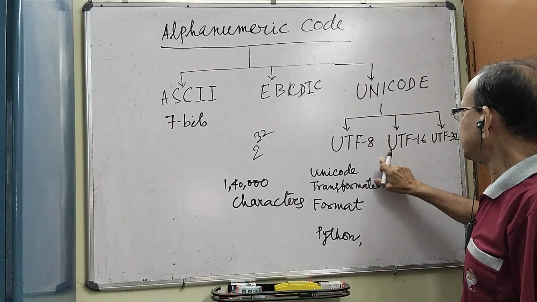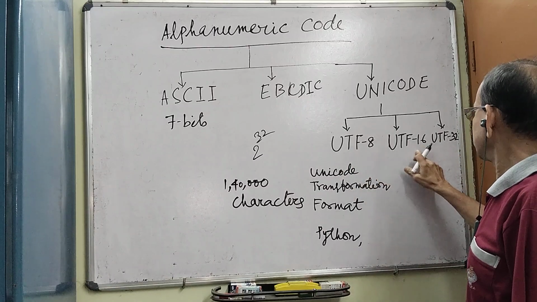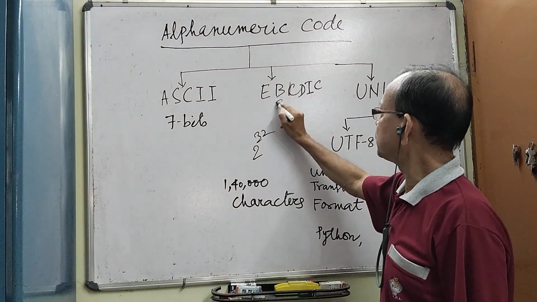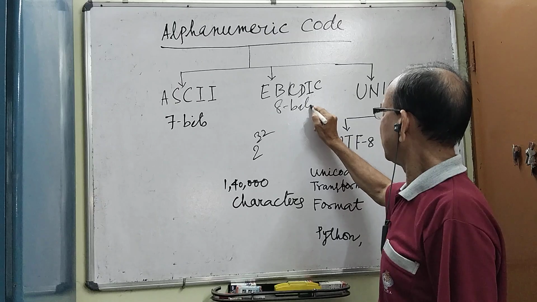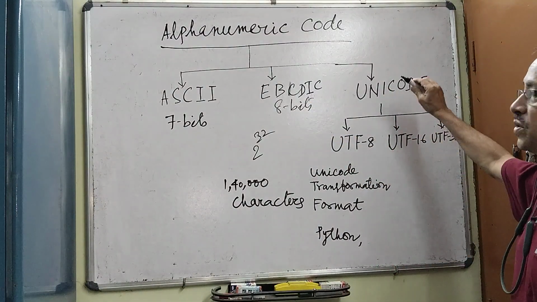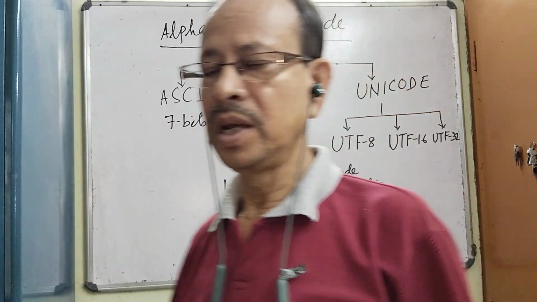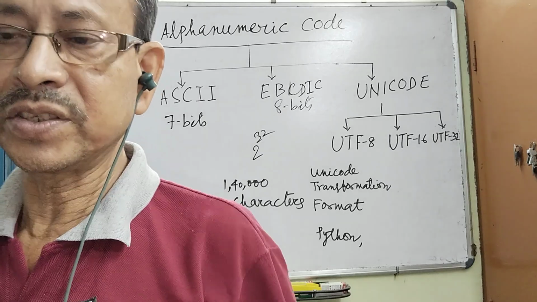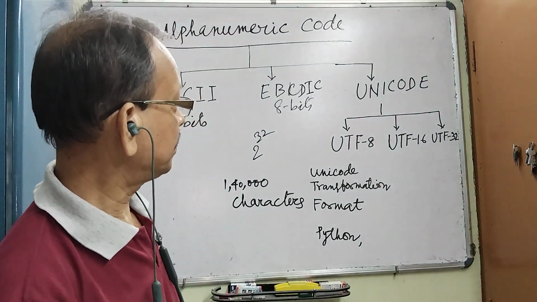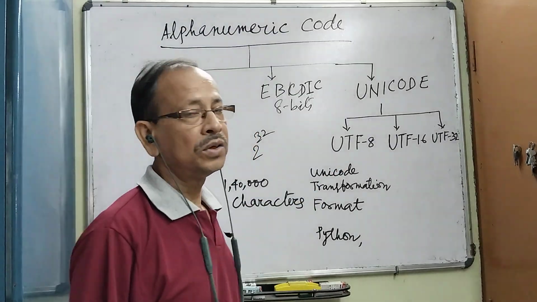Unicode also divided into three types: UTF-8, UTF-16 and UTF-32. It is 8 bits and it depends on the version. With help of this Unicode, we can represent all types of computer, all types of languages in the world. Chinese language, Japanese language, Arabian language, all can be converted.